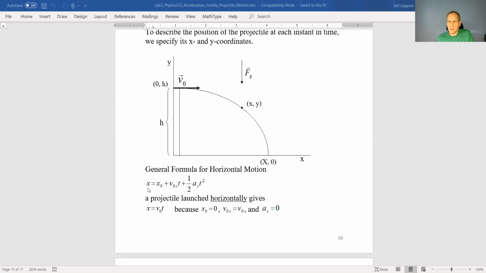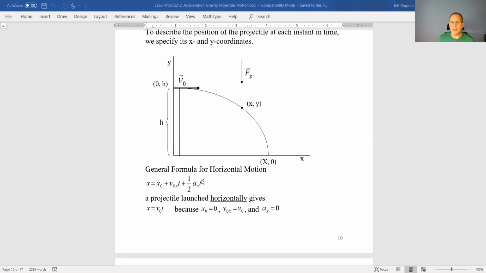The final position, the x, is equal to the initial position, right, which is like right here. We're going to call that 0, plus the initial velocity in the x direction times t, plus 1/2 a_x t squared. This is just your kinematic equation for constant acceleration, right? In this case, in terms of the horizontal motion or x direction.